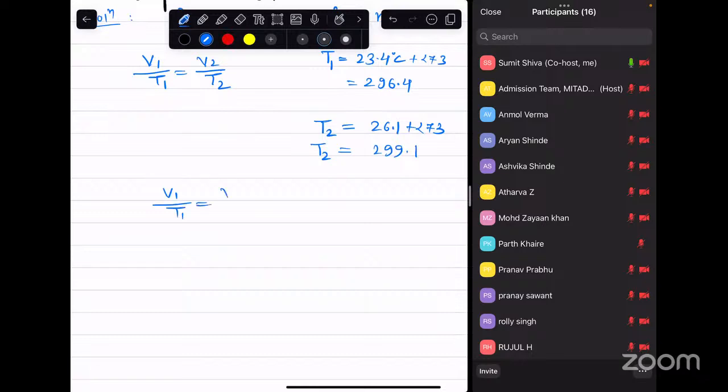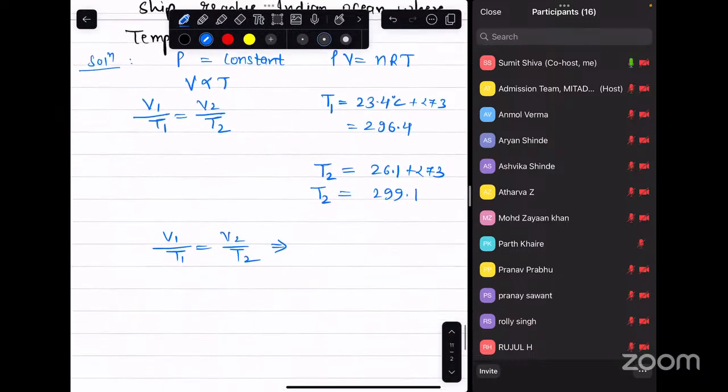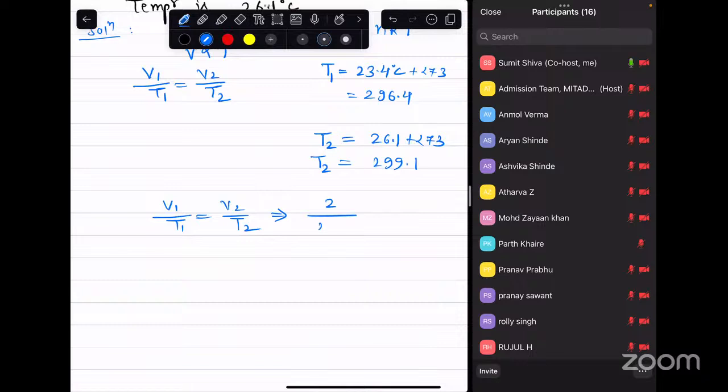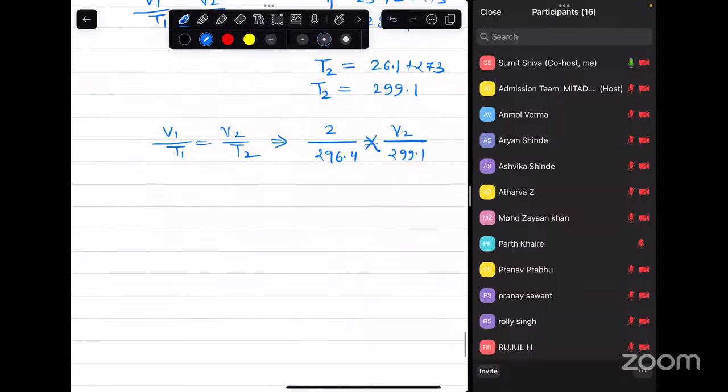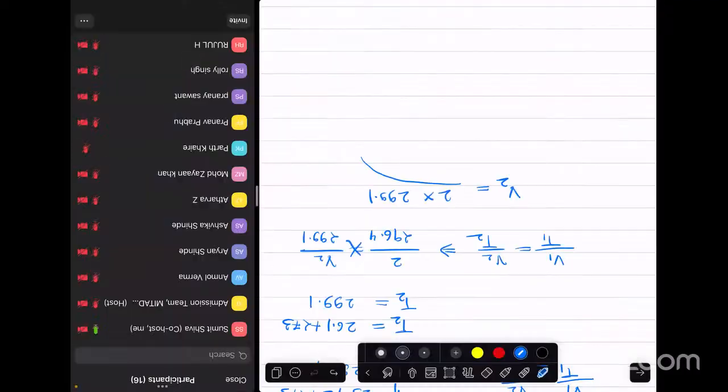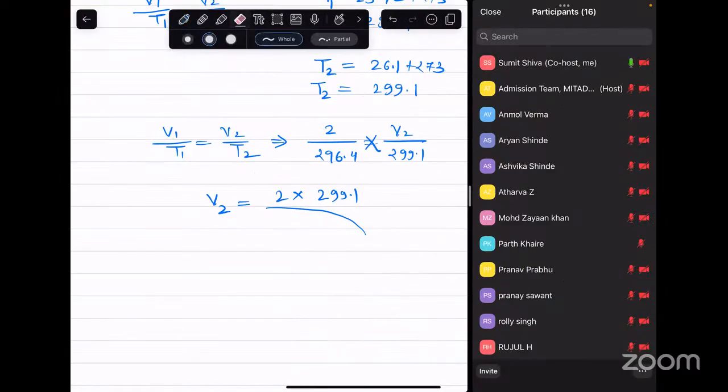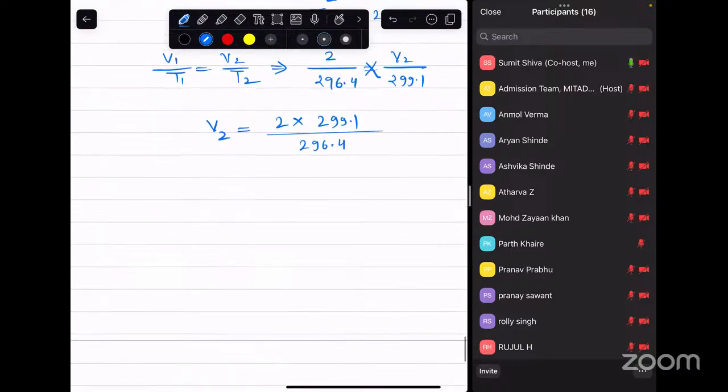V1 by T1 is equal to V2 by T2. So V1 is 2 liter divided by T1, 296.4, is equal to V2, which you have to find out, divided by T2, 299.1. On cross multiplying, we will have V2 is equal to 2 into 299.1 divided by 296.4.